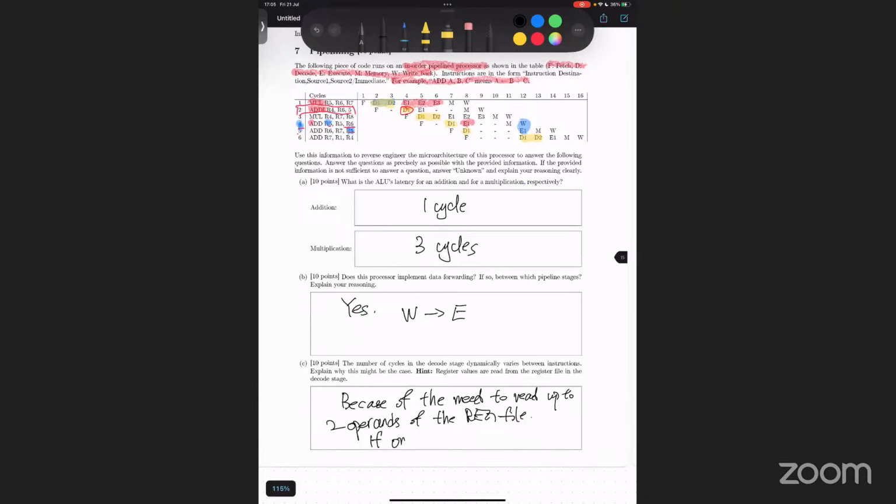If one of the operands is an immediate or being forwarded, it takes fewer cycles, only 1 cycle.